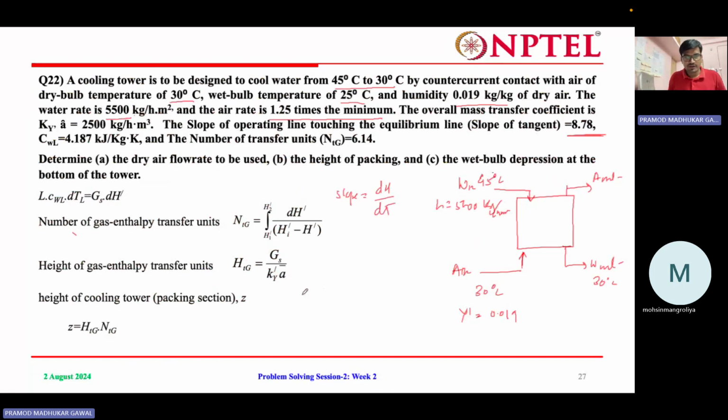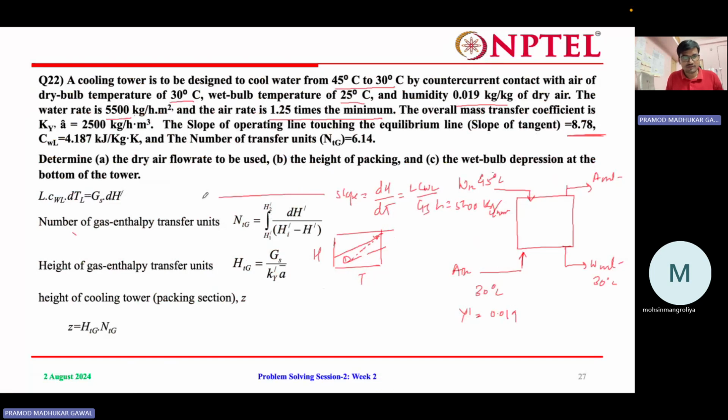If you draw the graph of H versus T, here is the equilibrium line, here is the operating line, and the tangent from this point in condition 1 gives the slope dH by dT, which equals L CWL divided by GS.